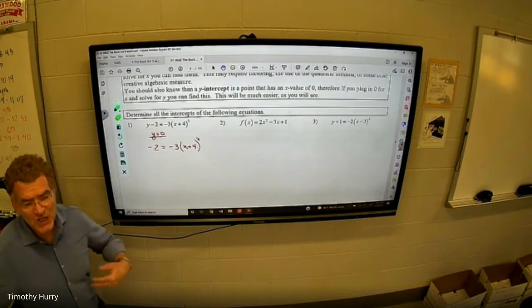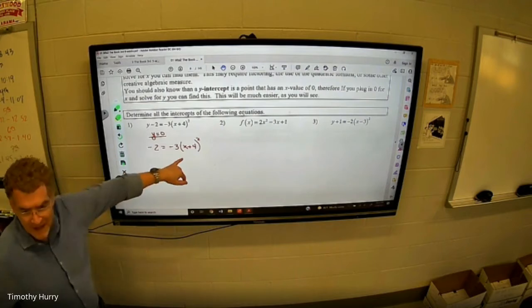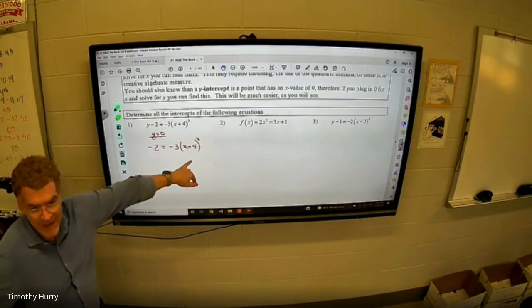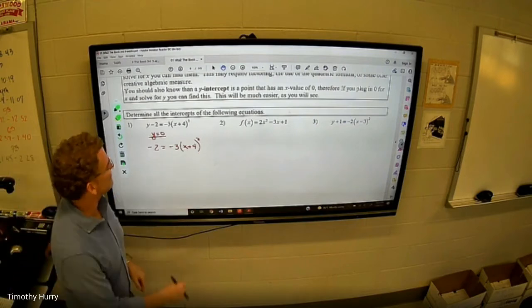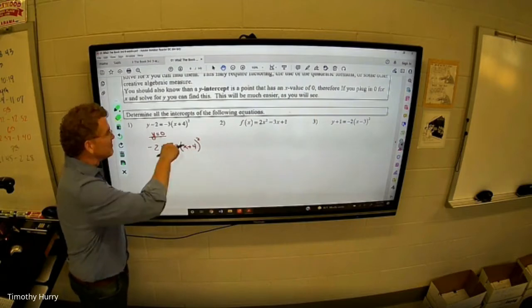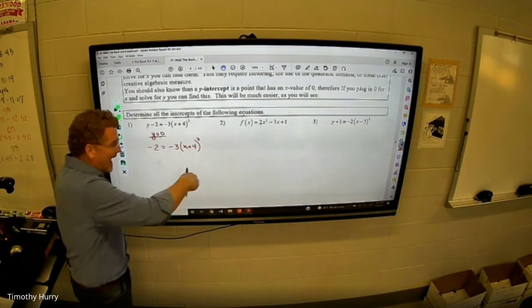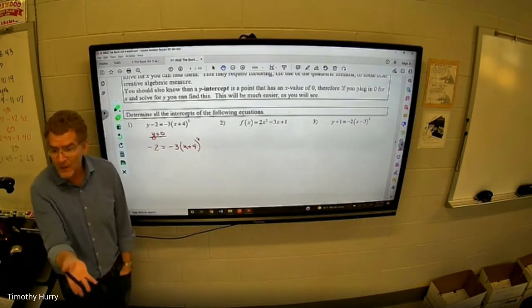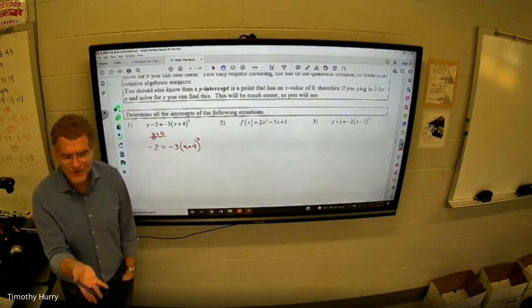Just start undoing all the junk that's happened to that x. But the last thing I'm going to do is FOIL that out. If I FOIL that thing out and write x squared plus 8x plus 16 and distribute the -3 in and add the 2 over there, I will get a quadratic equation, right? I'll get that. But then what will I have to do to find x?